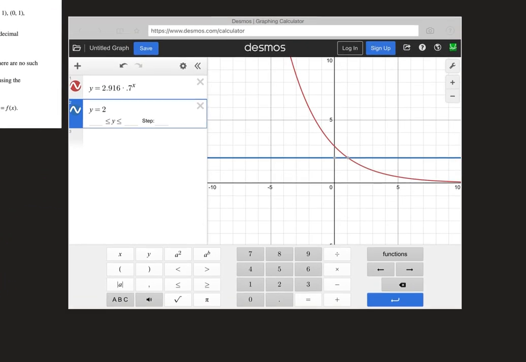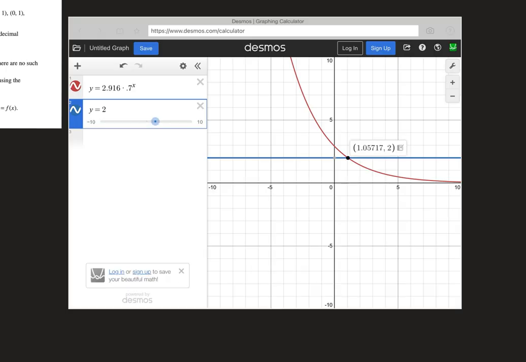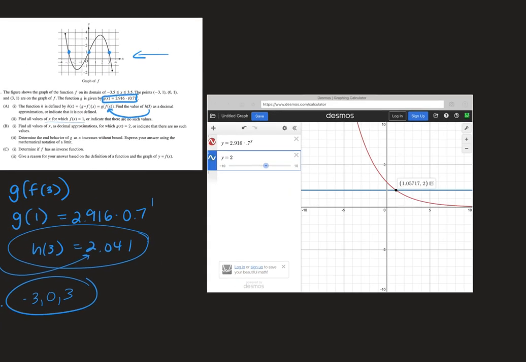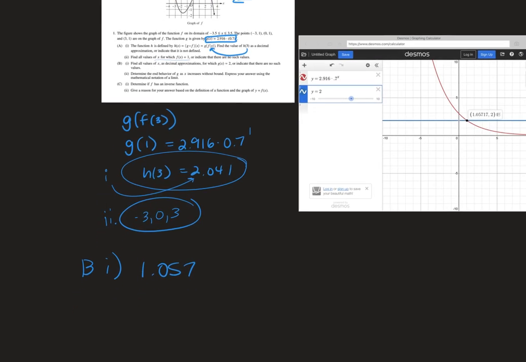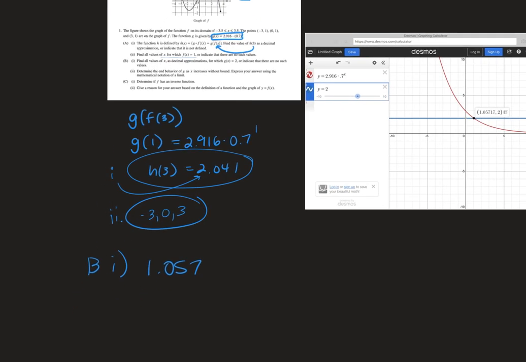And I want to see where they cross. It's only once, and it is 1.057. So BI is 1.057. Raise your hand if you got it right. Okay, give yourself another point.